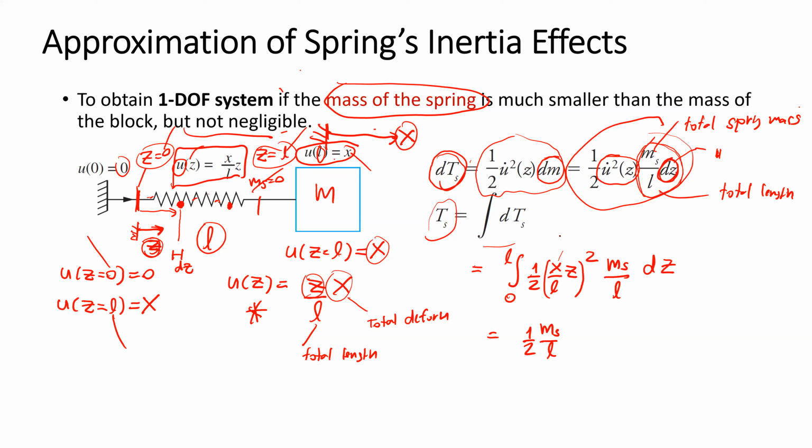I'm sorry, u dot is equal to, it depends on the c position. u dot is equal to c per L times x dot.